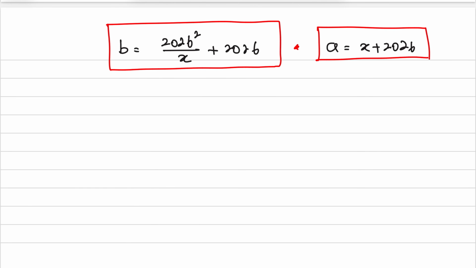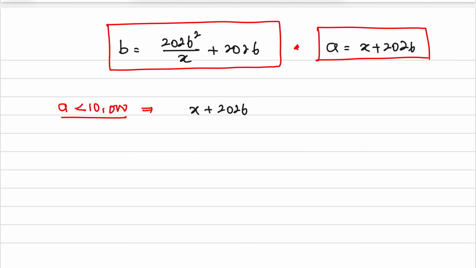Now, when A is less than 10,000, let us apply this principle. It implies x plus 2026 is less than 10,000.